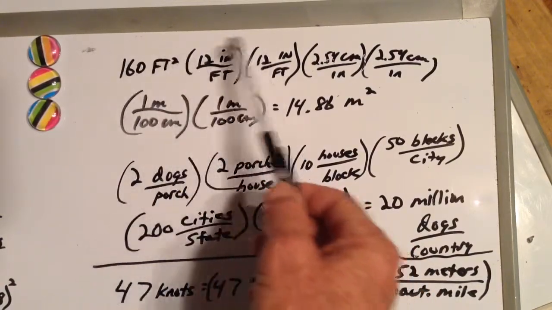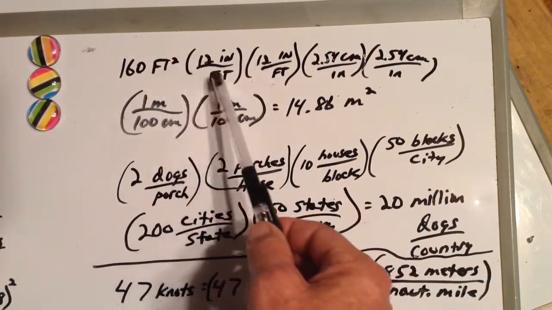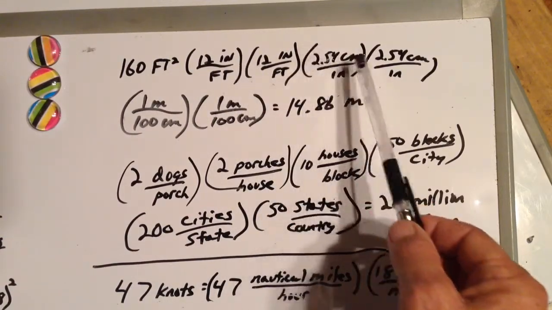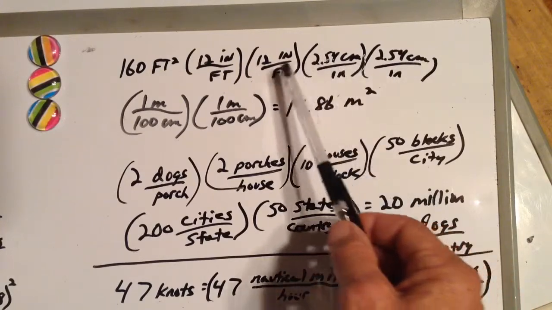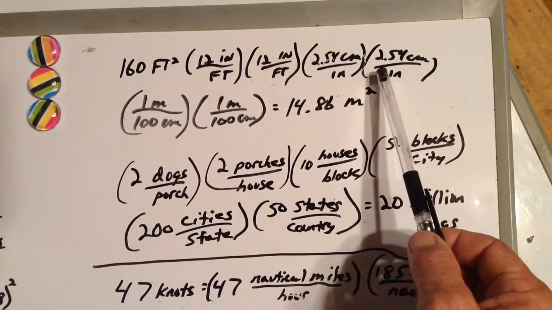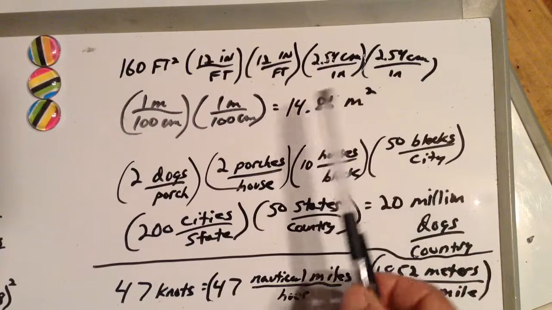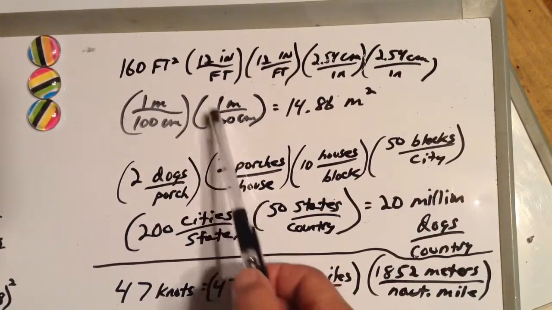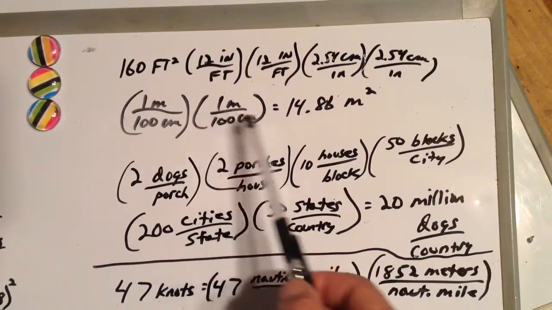So multiplying that times that gives us the number of square inches that we have. Multiplying it times that turns our square inches into square centimeters. Okay, and then dividing that by 100 a couple of times turns our square centimeters into square meters.